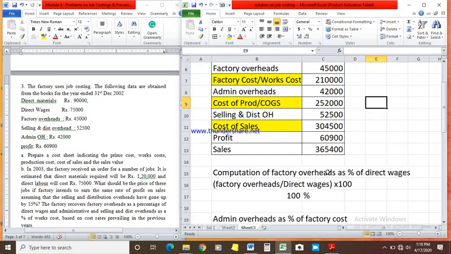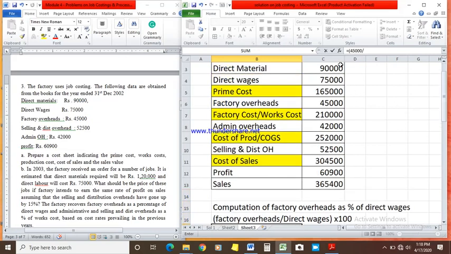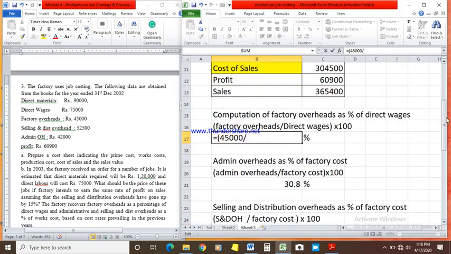Again, computation of factory overhead as a percentage of direct wages. The formula remains the same, but the values are going to change. In this case, the factory overhead is given as 45,000 divided by direct wages, that is 75,000, multiplied by 100.